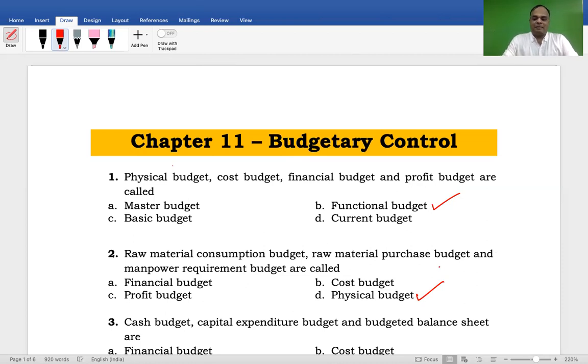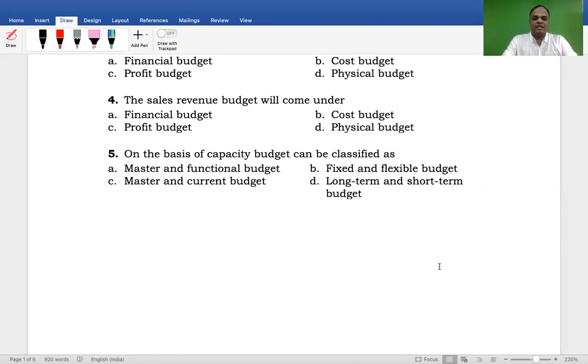Cash budget, expenditure budgets, and budgeted balance sheets are financial budget, cost budget, profit budget, or physical budget? Financial budget. The sales revenue budget will come under financial budget, cost budget, profit budget, or physical budget? Profit budget.